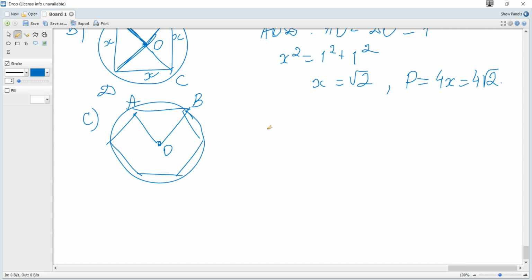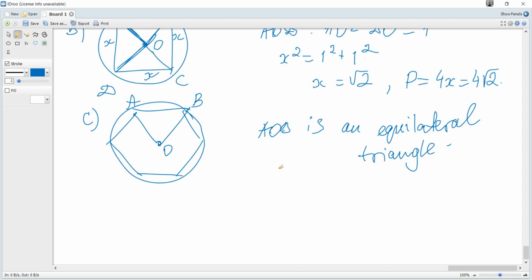So we can say that AOB is an equilateral triangle, and AO is a radius, OB is a radius, 1, and each side is x, so x is just 1, so the perimeter is 6.